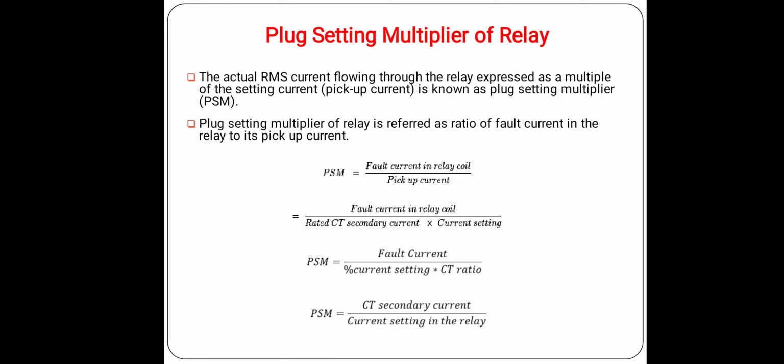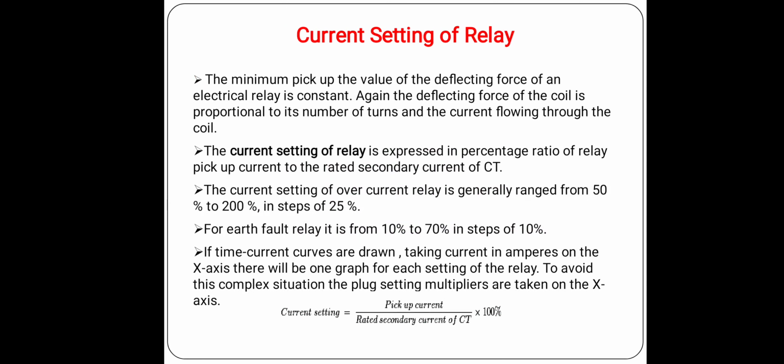Here one important point is noted: the relay which is used for phase to phase fault protection can be set at 50% to 200% of the rated current in steps of 25%.